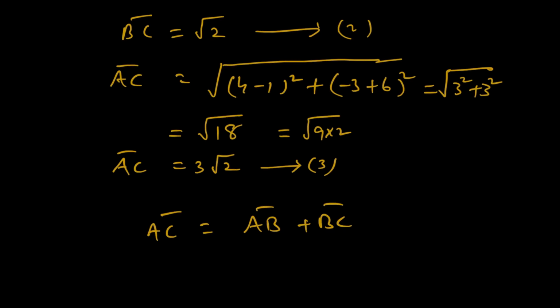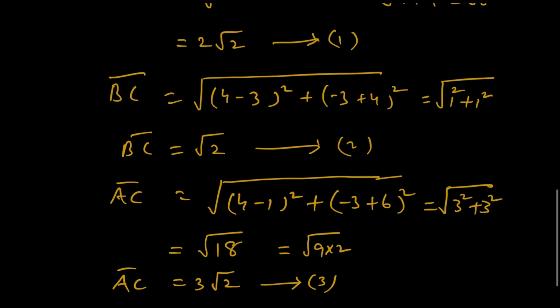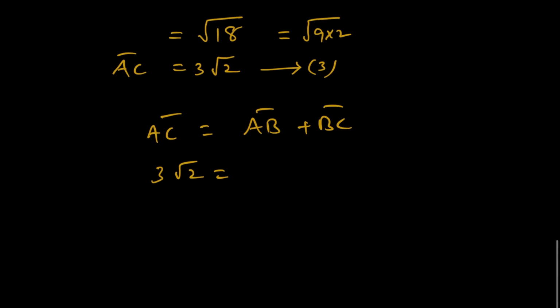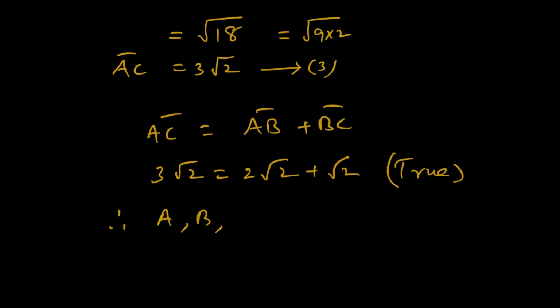What is AC? 3 root 2. AB is 2 root 2. BC is root 2. 2 root 2 plus 1 root 2 is 3 root 2. This is true. Therefore, we can say that A, B, C are collinear points. Proved. This is the second method.